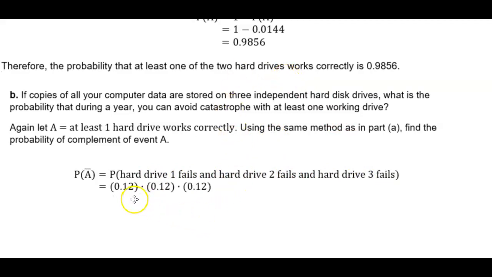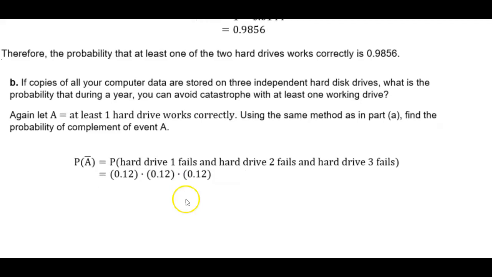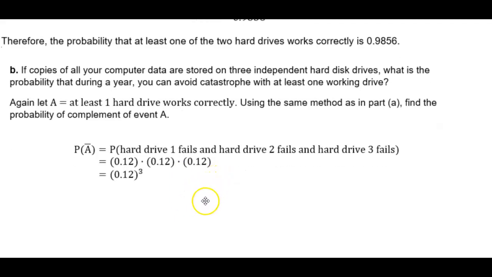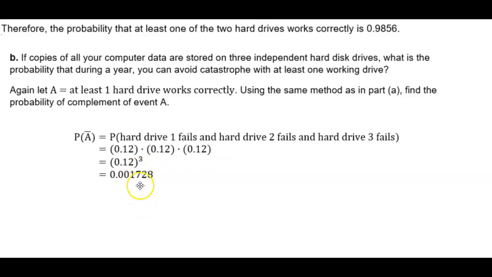So we're going to take 0.12 times 0.12 times 0.12, which is another way of saying 0.12 to the third power, which gives us 0.001728.